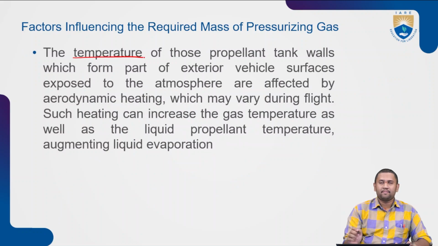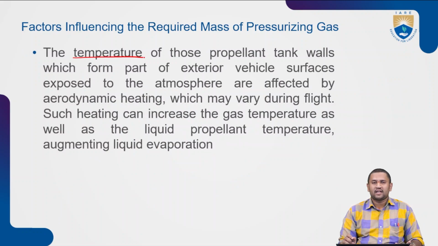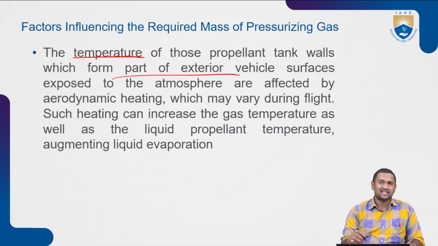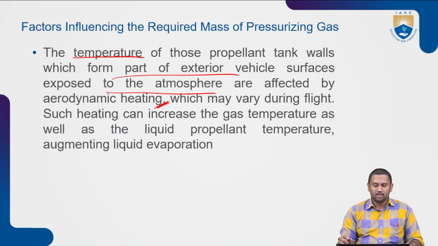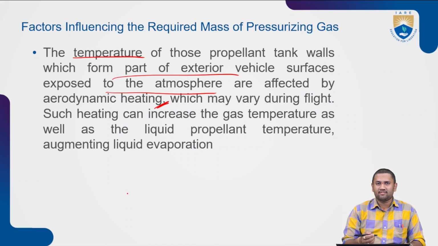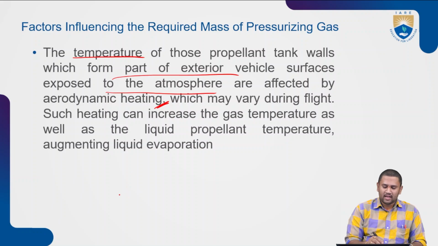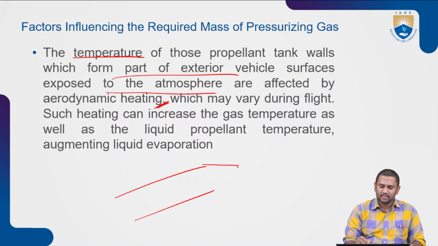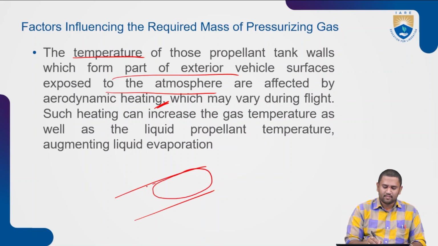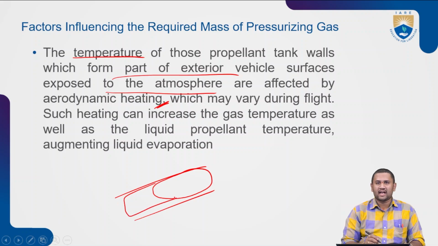Next one would be the temperature at which the propellant tank walls, which form a part of the exterior vehicle surface, are exposed to the atmosphere and are affected by aerodynamic heating. What do you mean by aerodynamic heating? Earlier, we discussed that any tank we select will be aligned to maintain the rocket structure, either tandem or concentric tanks.